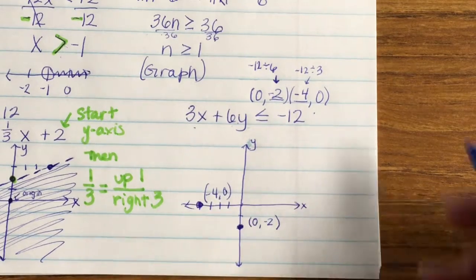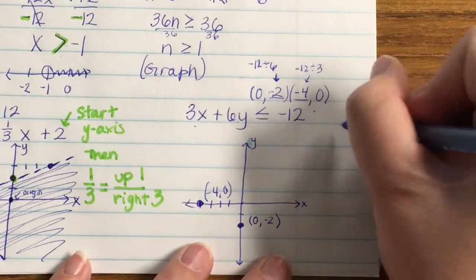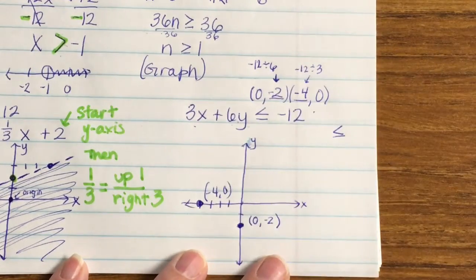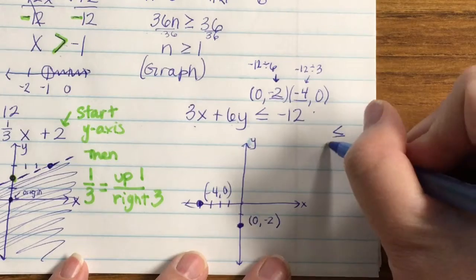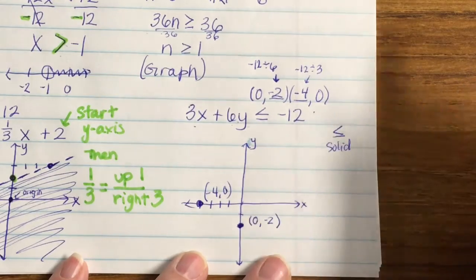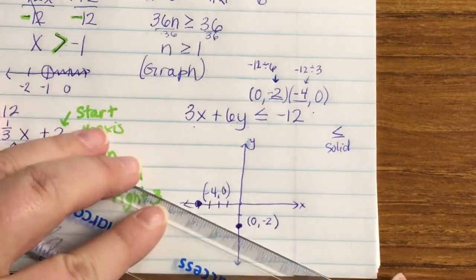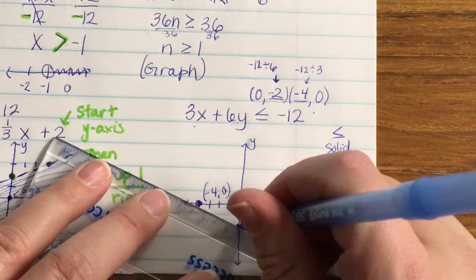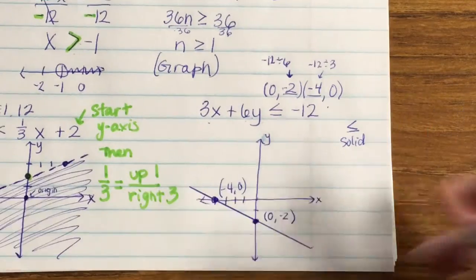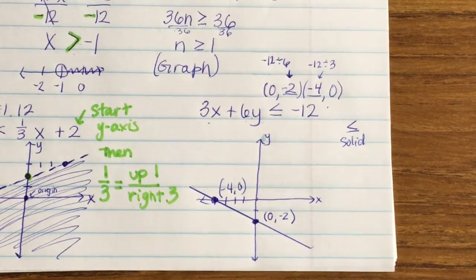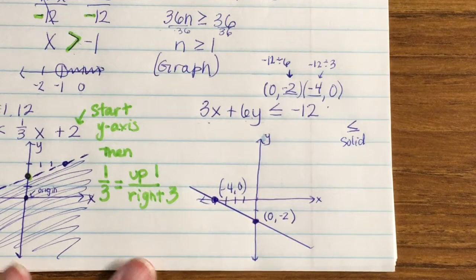And then, since it's like this, do we want a solid or a dotted line? Solid. So we're going to draw a solid line. Okay, and then we're going to do that test point.